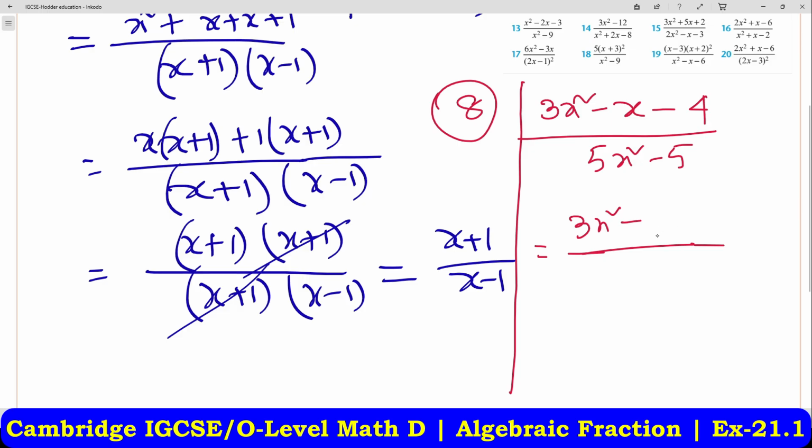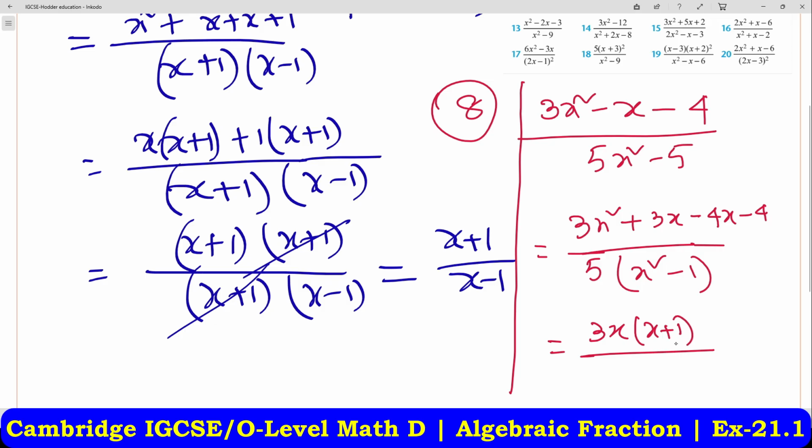So we can write minus, here is a plus 3x − 4x − 4, right? And here we can take common 5, so here is x² − 1. So finally here is a 3x, x + 1. We can take common −4, again x + 1. And here is a 5, (x + 1) times (x − 1), right?